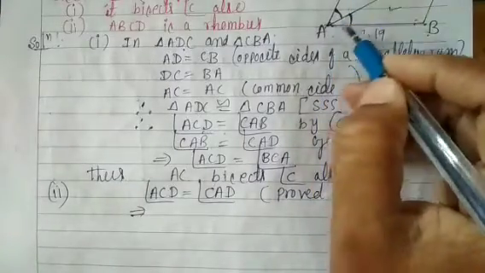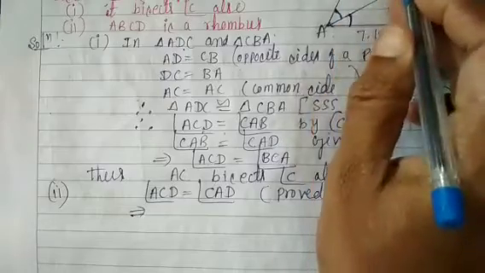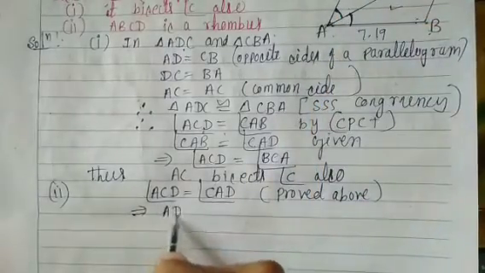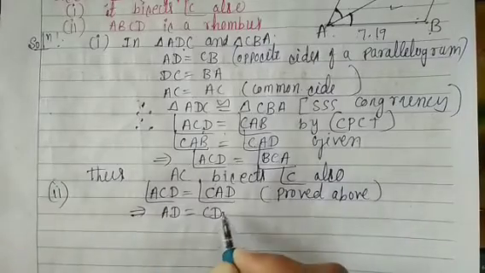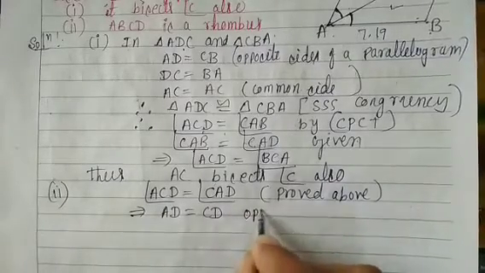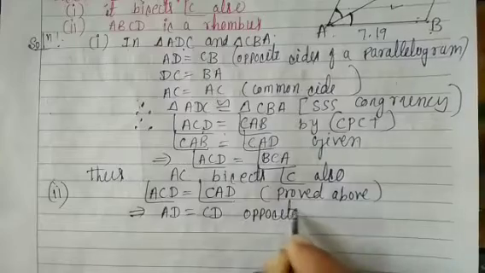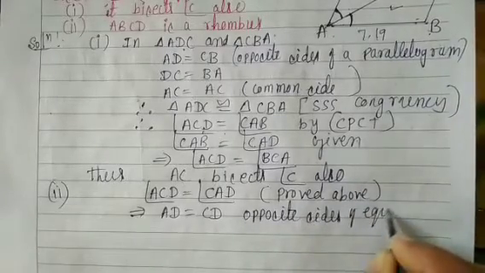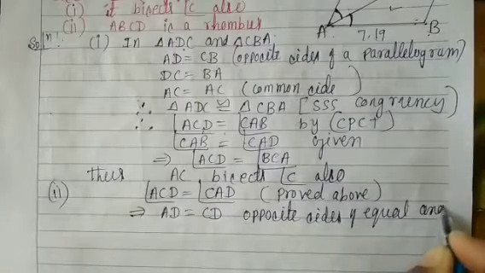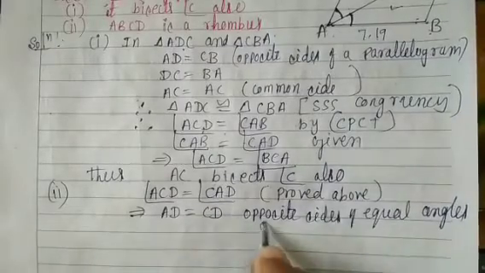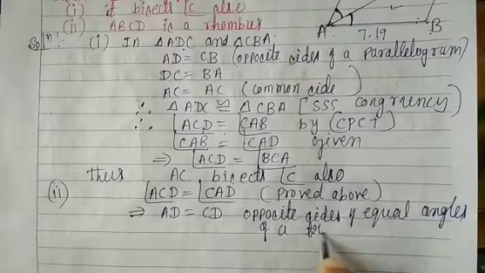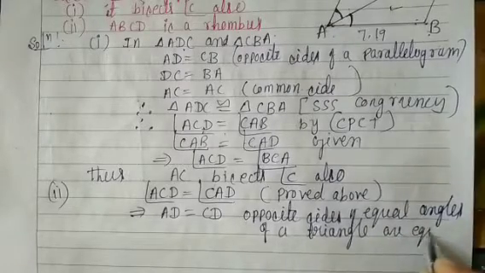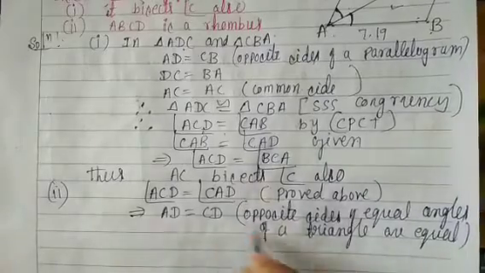AD is equal to CD, because sides opposite to equal angles of a triangle are equal.